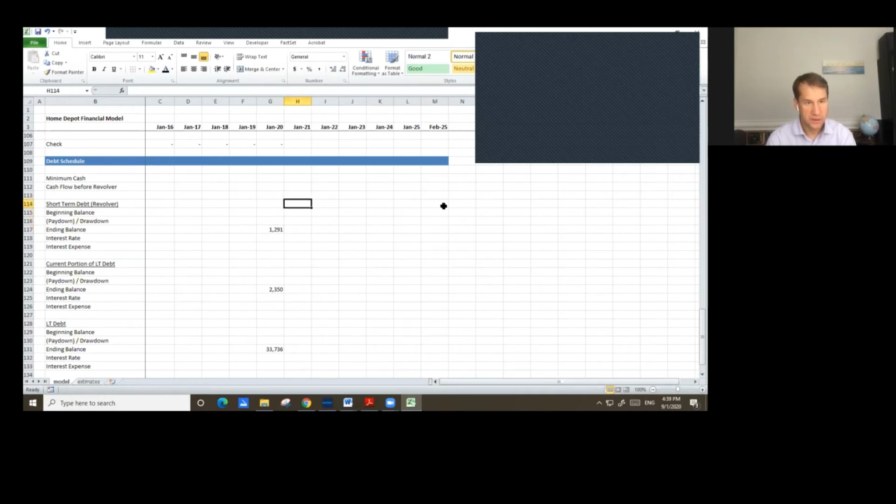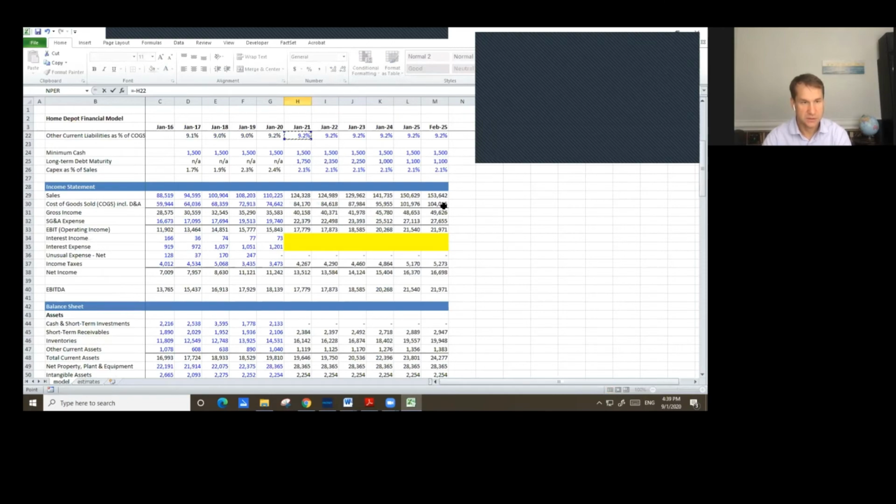And then for the next period, beginning balance equals ending balance. So for long-term debt, we've got the maturity in our assumptions.